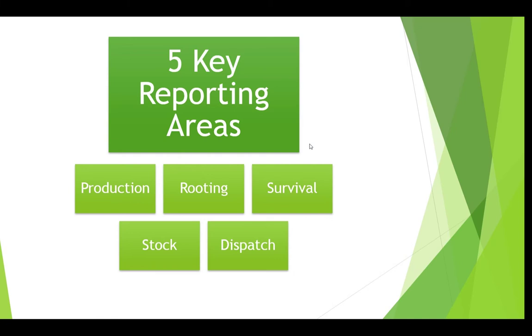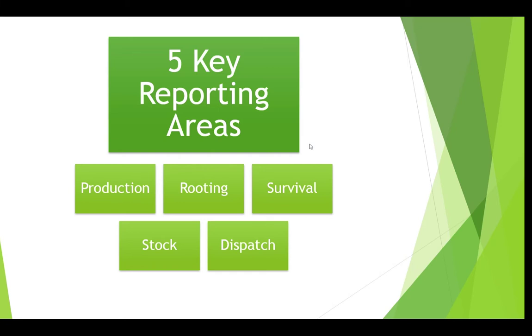Okay, so within NIMS, we had a look at it and we did a lot of brainstorming. And basically, what we did is we identified five key areas. Okay, production, obviously how much you're producing and how you are meeting targets. Your rooting, are the plants actually rooting? Are they doing well? And again, are they meeting the standards which you require?